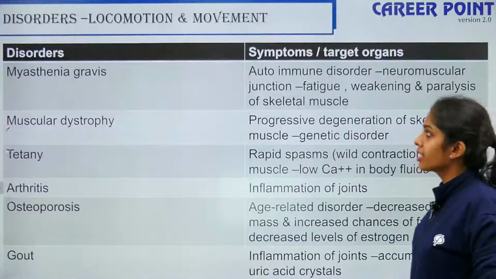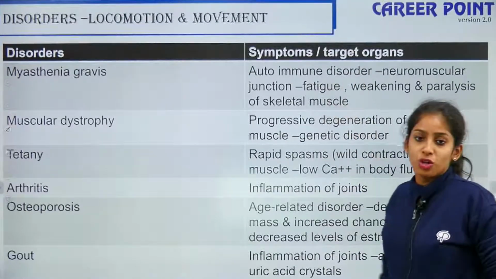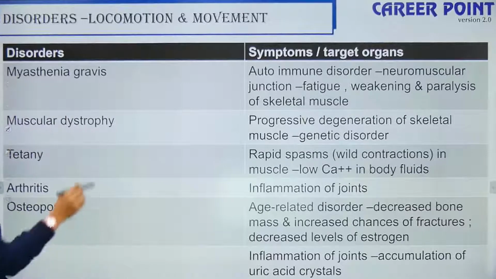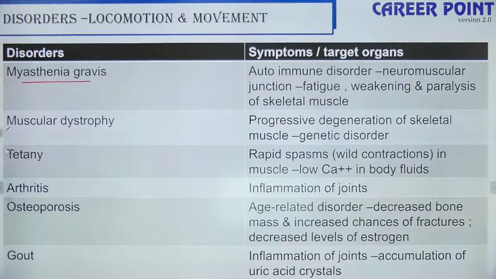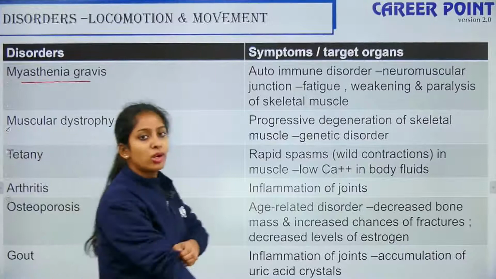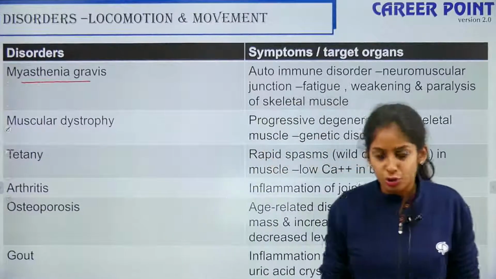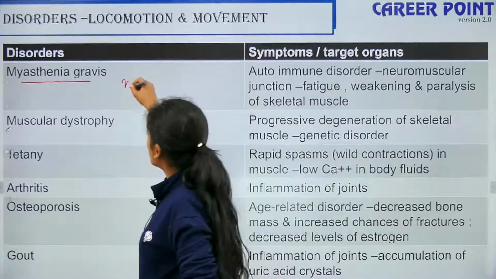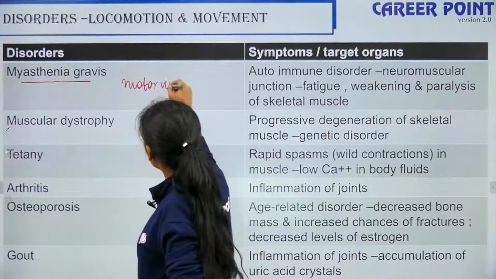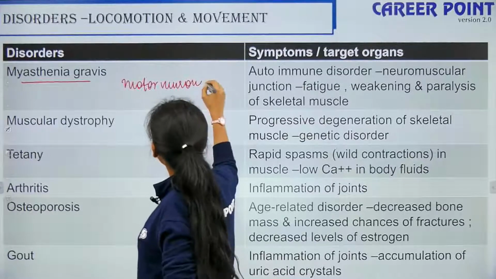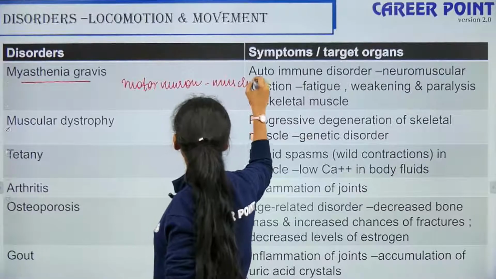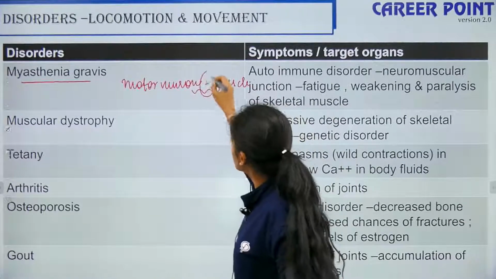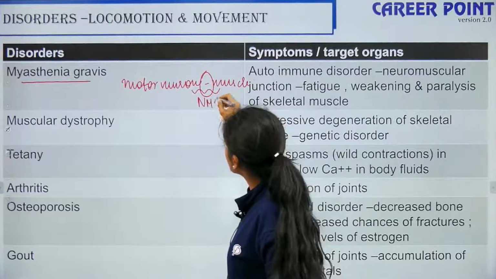Moving forward to the next disorder. These are the disorders of your locomotion and movement. The first one is myasthenia gravis. It is an autoimmune disorder which affects the neuromuscular junction. So what is a neuromuscular junction? The motor neuron carries the signal from the brain to the muscle, which is going to generate an action potential. The junction between the neuron and the muscle is known as the neuromuscular junction.